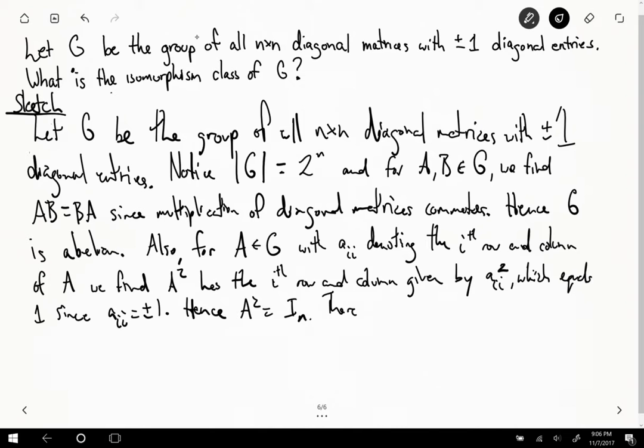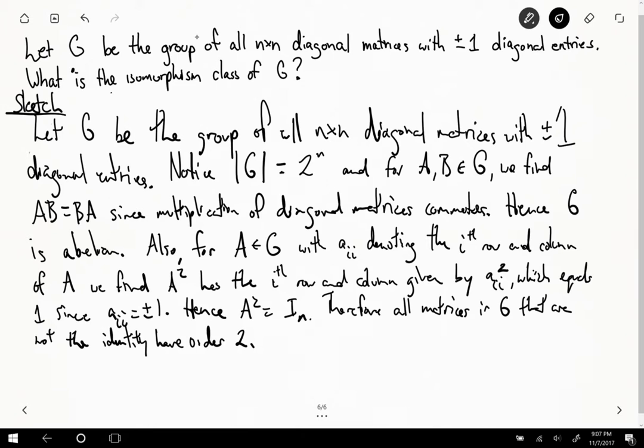Therefore, all matrices in G that are not the identity have order 2.